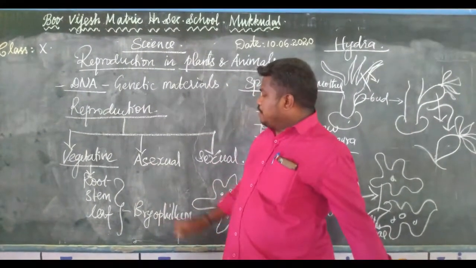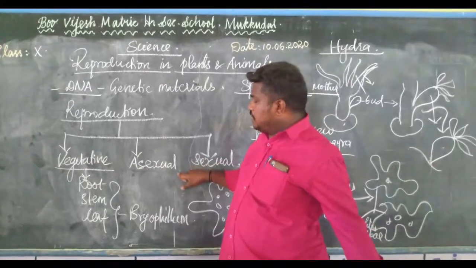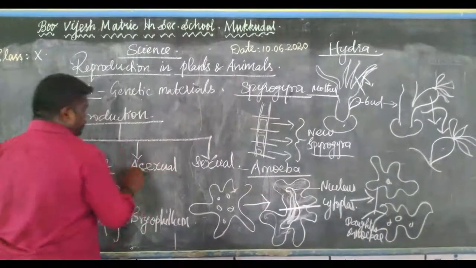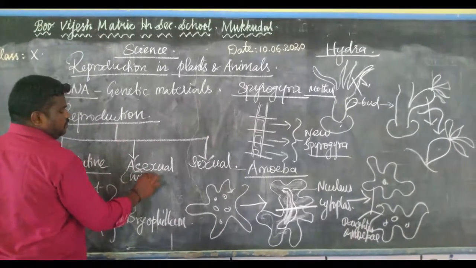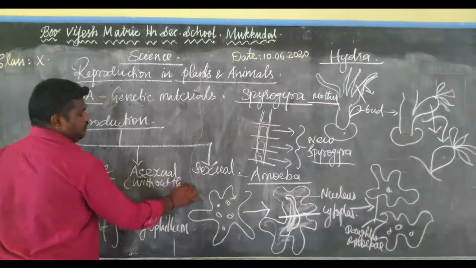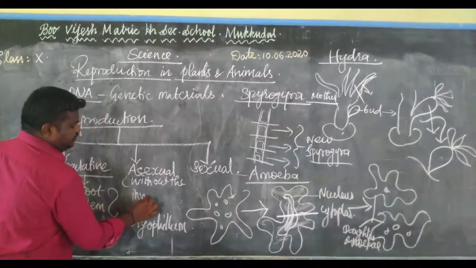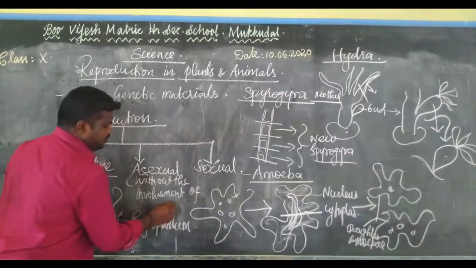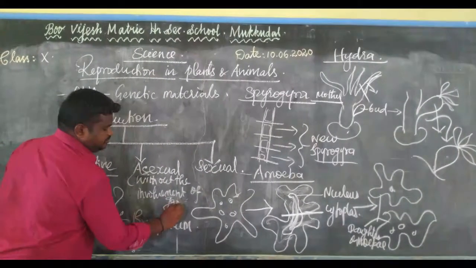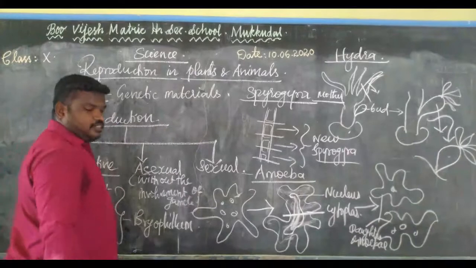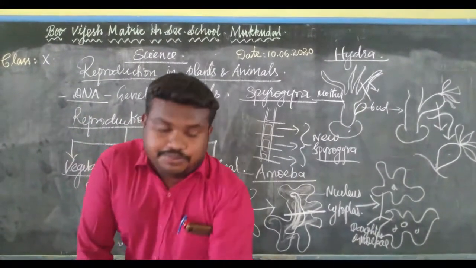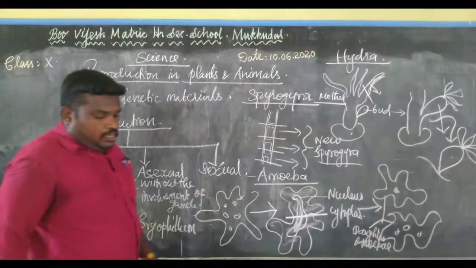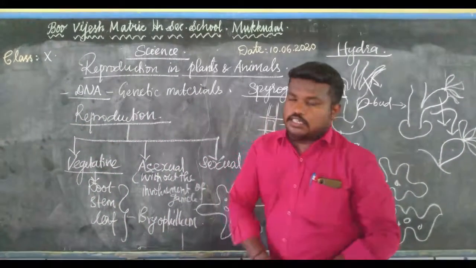Here, vegetative reproduction. Asexual reproduction means there is no involvement of gametes. That is known as asexual reproduction.